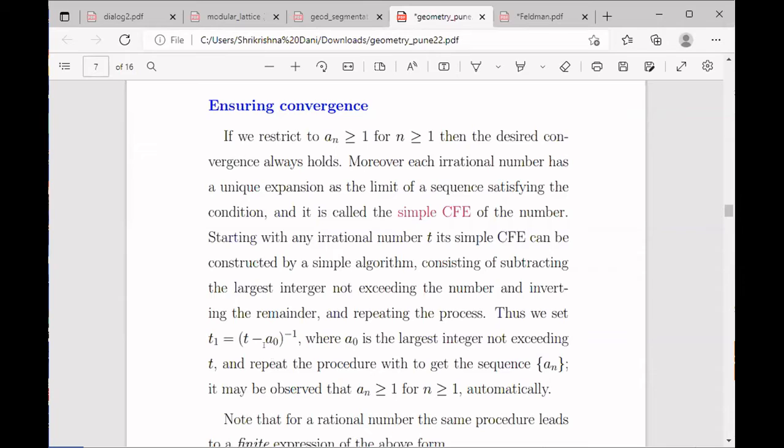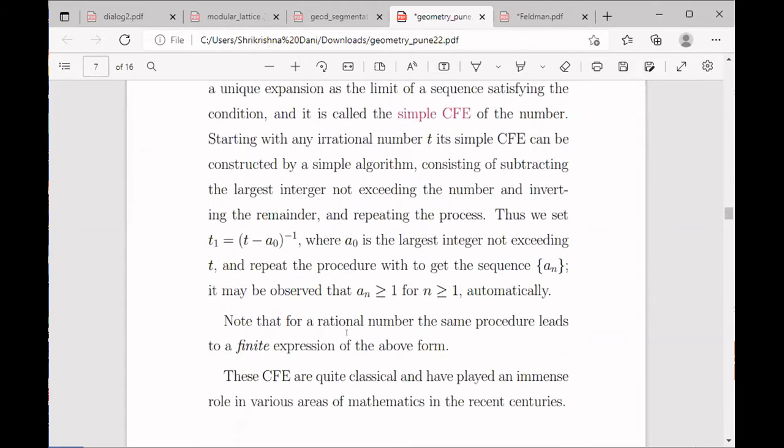Notice that if t happens to be rational, then at some point you are going to get 0, and then you are not going to invert it. So there is going to be a finite expression for a rational number. The same procedure leads to a finite expression of this form.